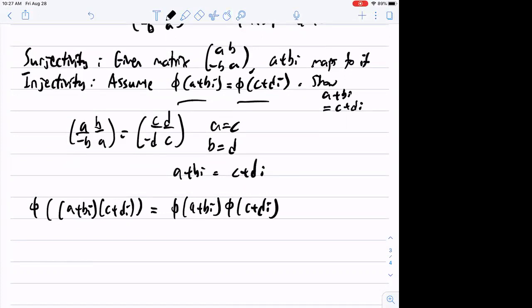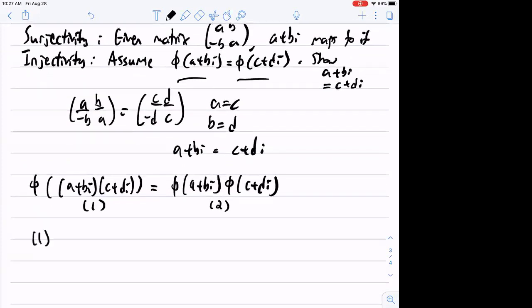Let's call this 1 and 2, and work with 1. If you FOIL, this is ac minus bd plus (ad plus bc)i. I hope I didn't make an algebra error.